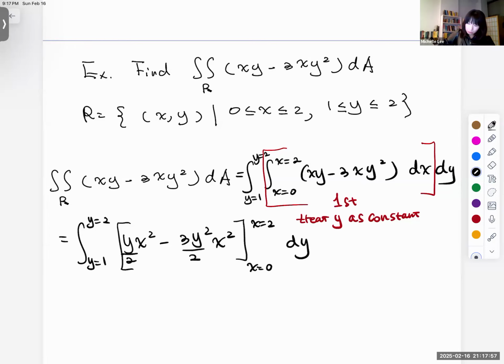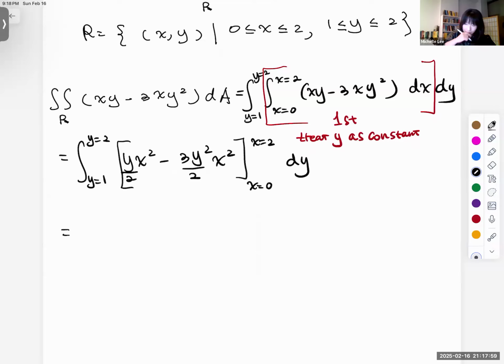All right. Okay, so let's evaluate, right? We cannot simplify anything yet. Y over 2 for the first term, x squared, so we have 2 squared, minus 3y squared over 2, x squared, which is 2 squared.